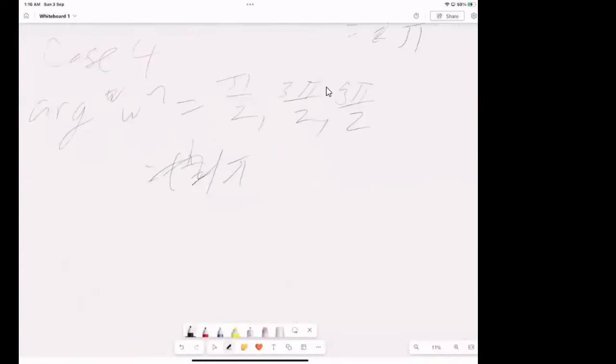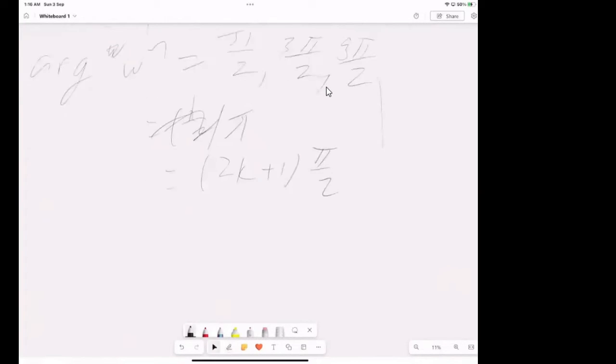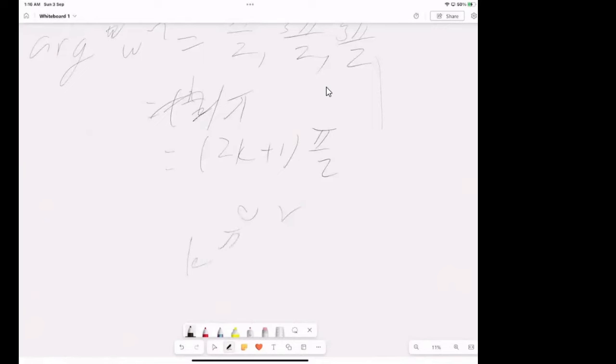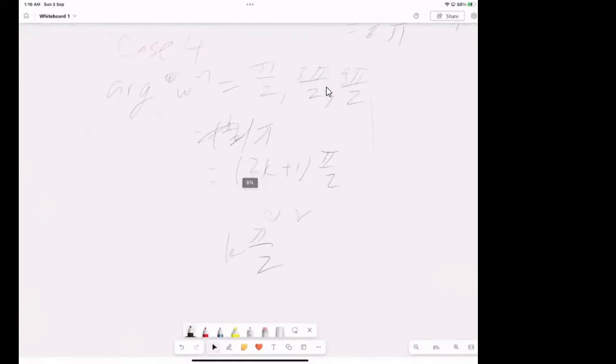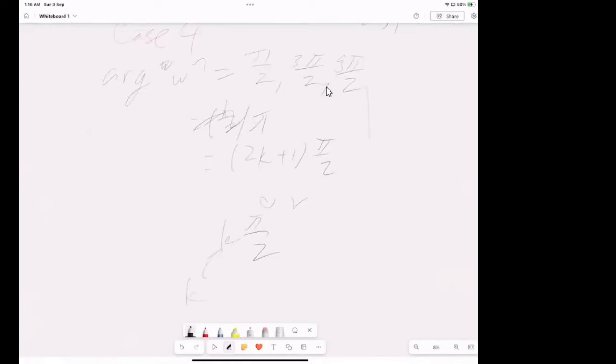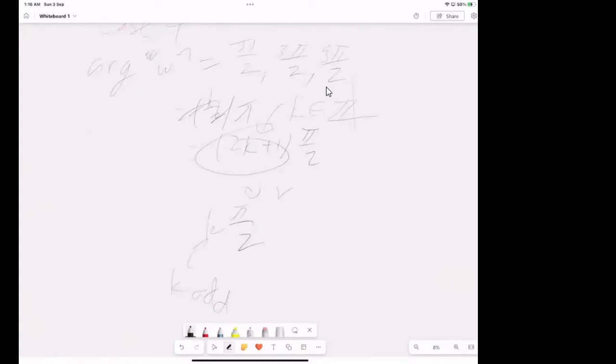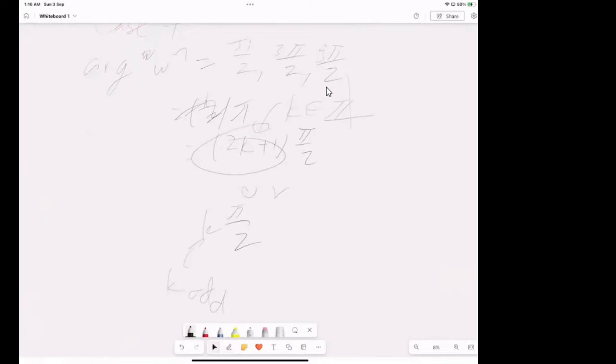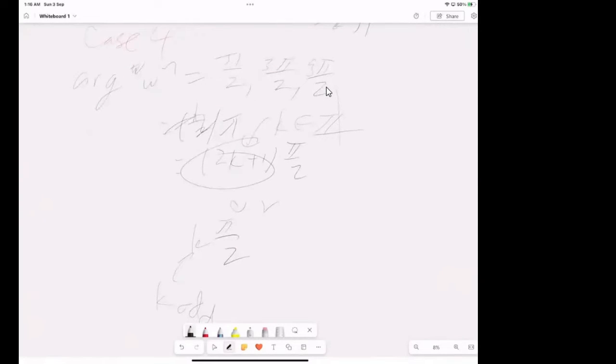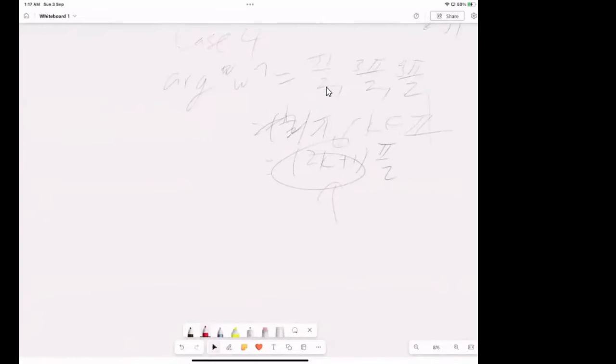You can see it can be (2k plus 1) pi over 2 or k pi over 2, depending on what k is. But in this case, k has to be odd. But k is an integer, so actually in the end we still use this. I think I might confuse you guys. So in summary, my bad, we want to use this case, (2k plus 1).